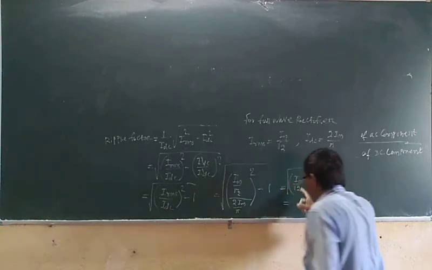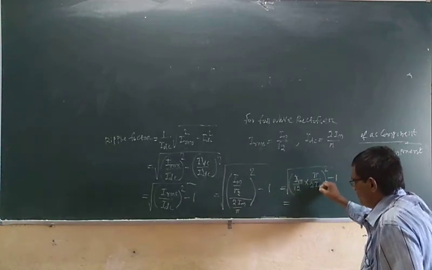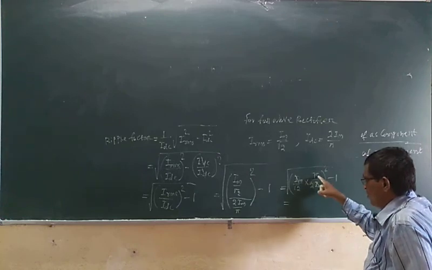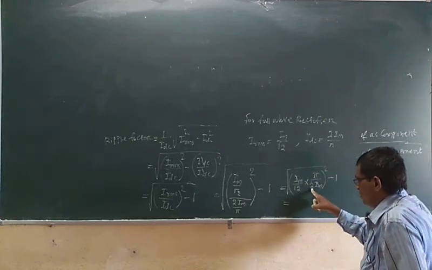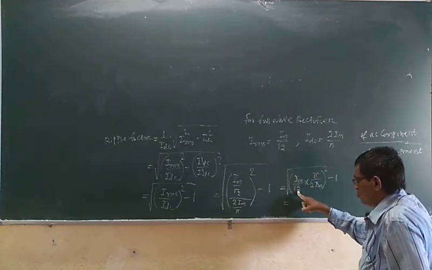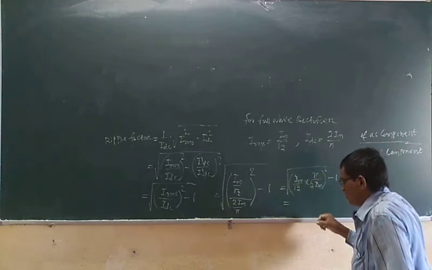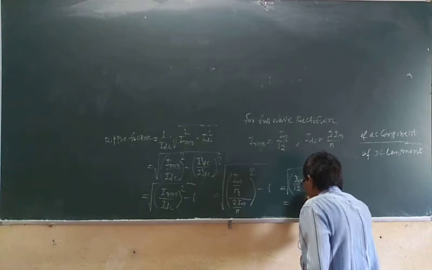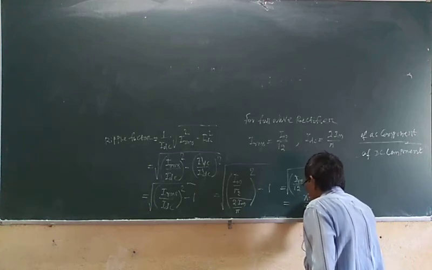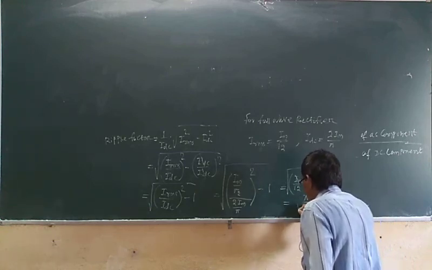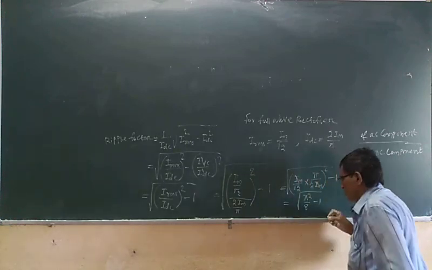IM cancels. Now pi square divided by 2 square times root 2 square: 4 into 2 is 8. That is pi square by 8 minus 1, under root.